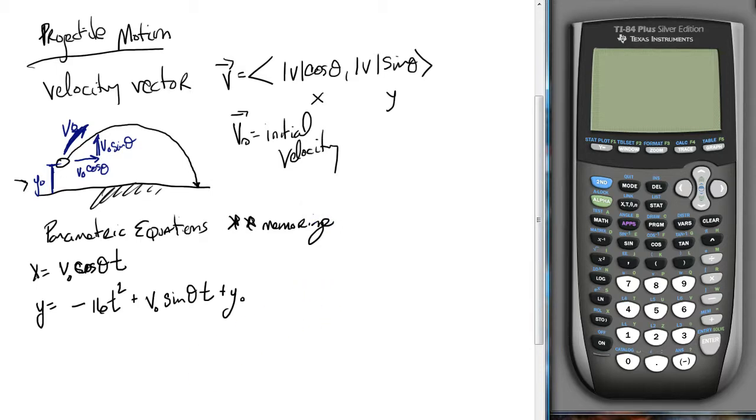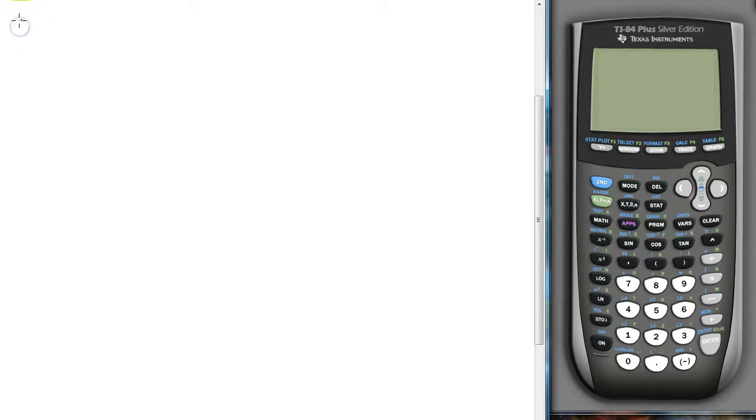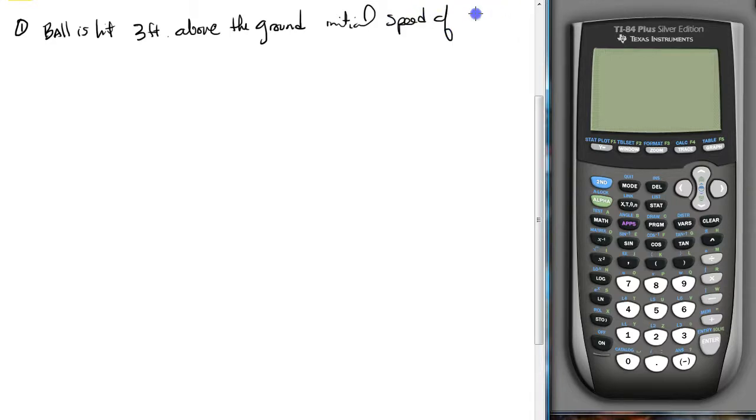So let's get started with a question. We'll call this question 1. A ball is hit, and you hit it at 3 feet above the ground with an initial speed of 150 feet per second, at an angle of 18 degrees.